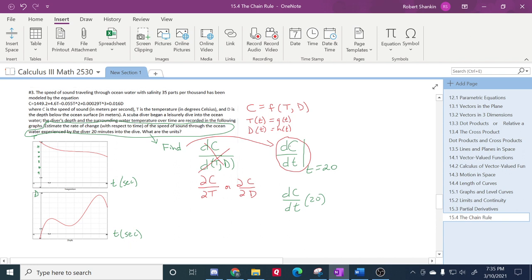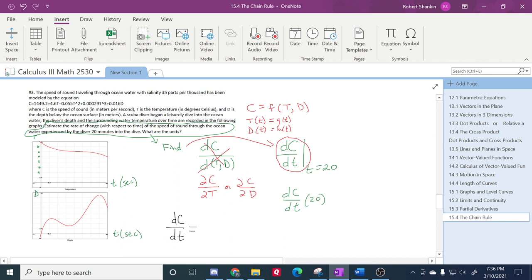We need to find dc dt evaluated at t equals 20. Alright, let's go back to this and let's find dc dt. Well, it's a function of t and d, and these are the other things.